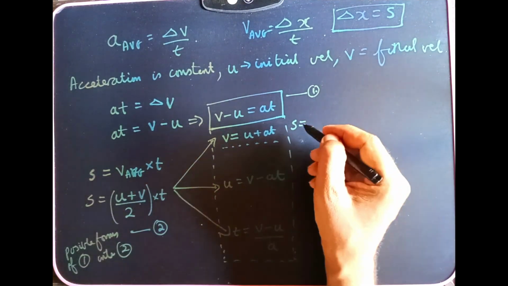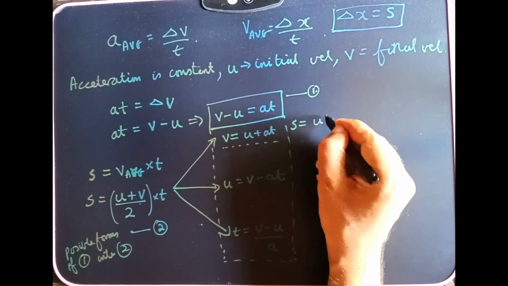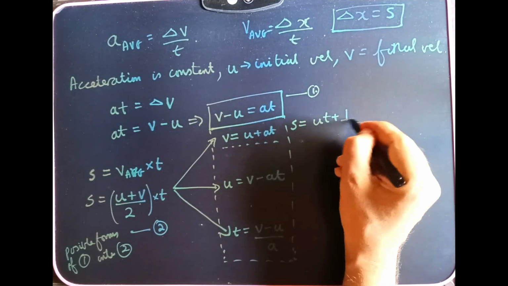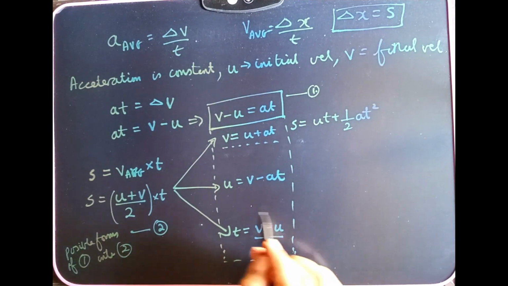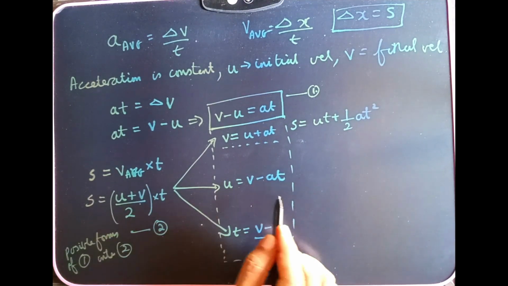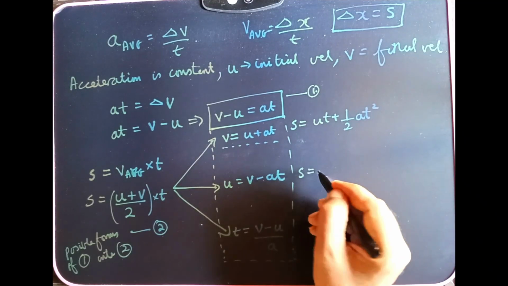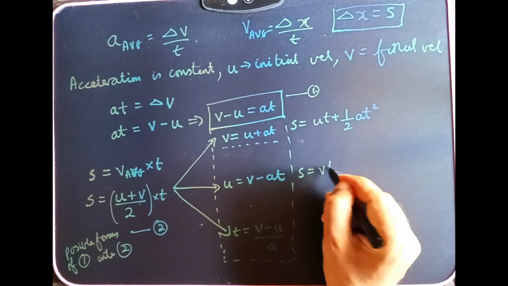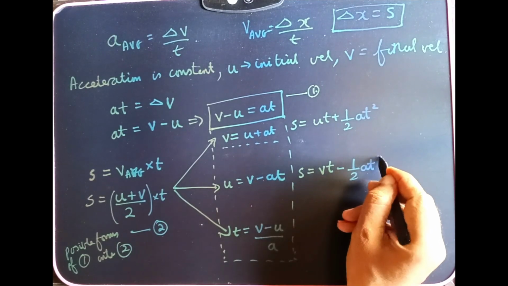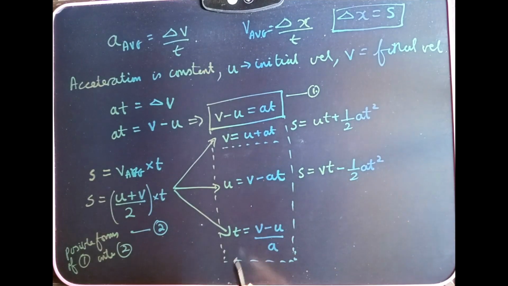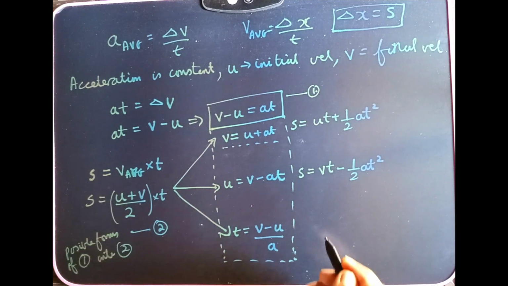If you do that, you'll get displacement is equal to ut plus half at square. If you put u is equal to v minus at, then you'll get displacement is equal to vt minus half at square. Then if you put time in this equation, then what you'll get?